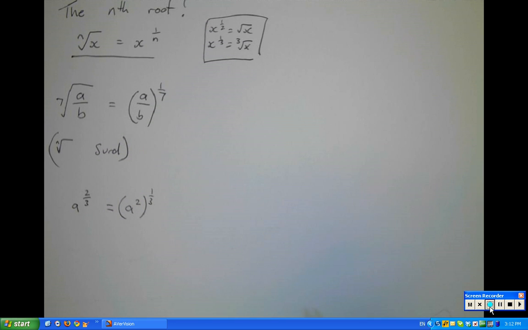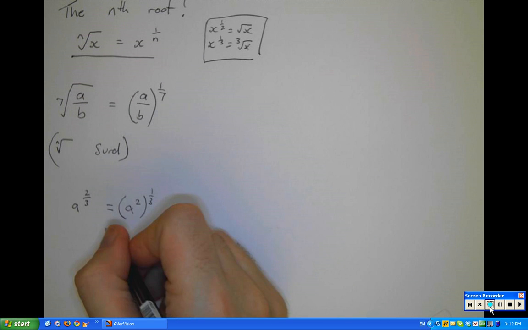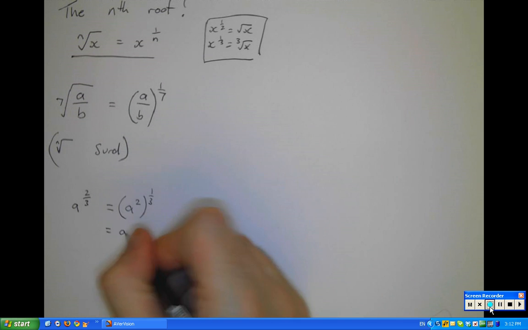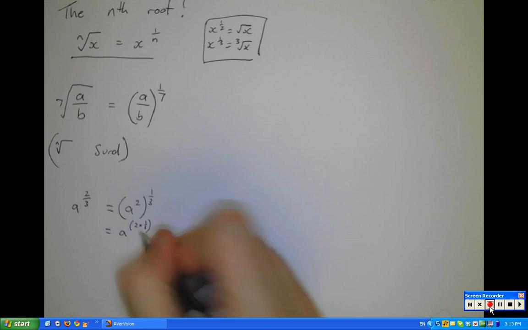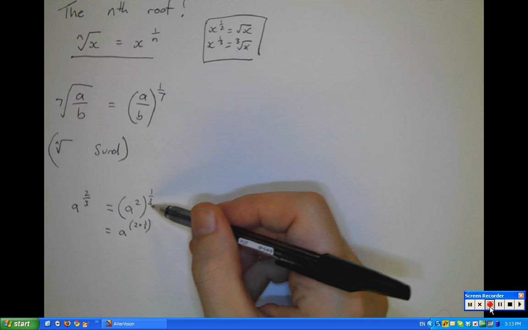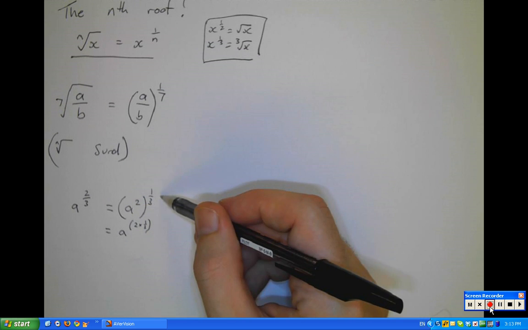How do I know that? Because that is the same as a to the power of 2 times 1/3. Remember from the index laws earlier, if you have a power to another power, you multiply them together.